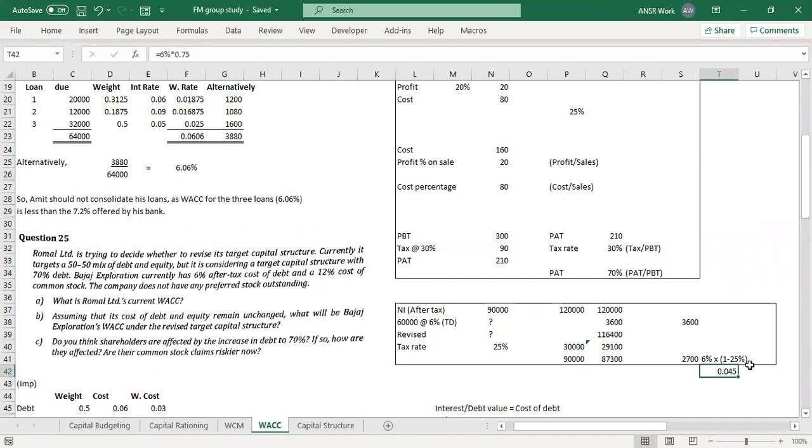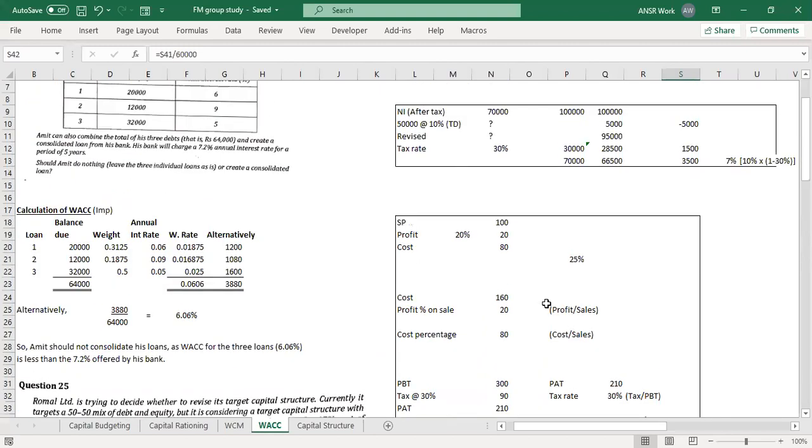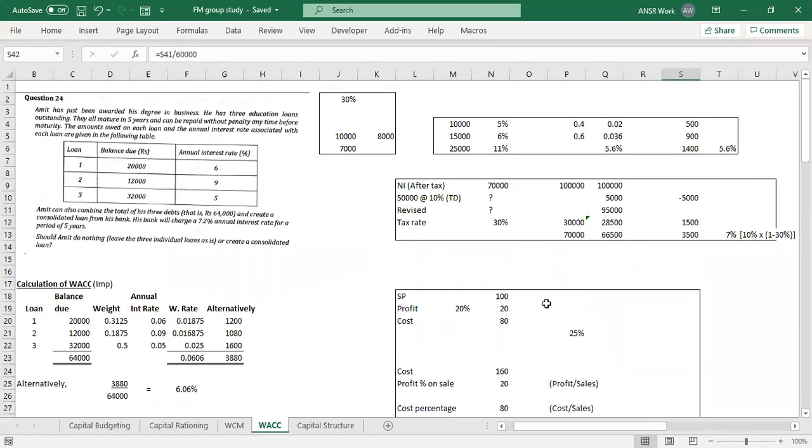So that is our effective interest rate that we are actually incurring, 4.5%. If you do 2,700 divided by 60,000 also, that would give you 4.5%. I just wanted to repeat that once more, so that the characteristic remains for every example that you take. Having that said, let's move on to questions directly.